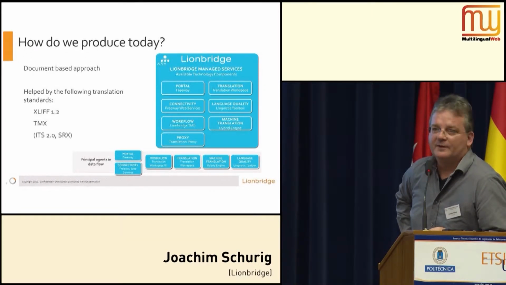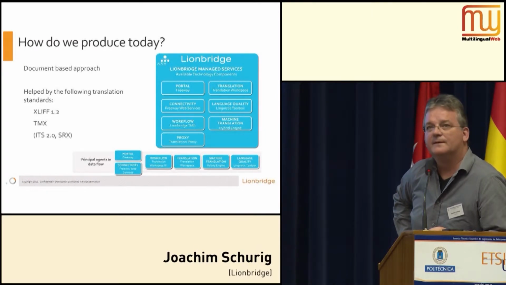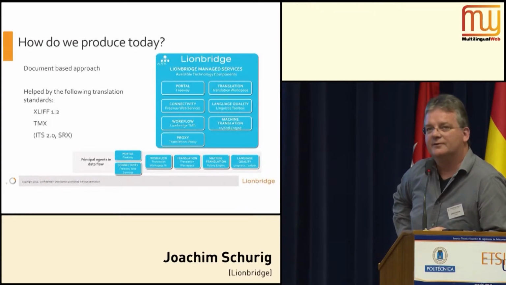We use TMX as the exchange for translation memory data, and we should use ITS. We don't. It would also help if we used SRX for segmentation, but we don't. We don't need it. I will continue discussing SRX a few pages later.